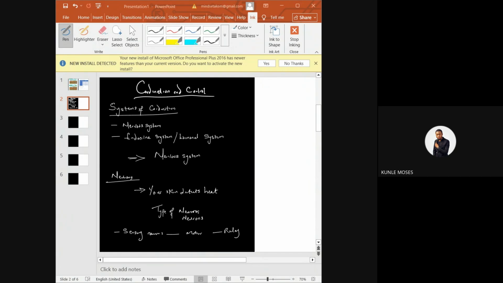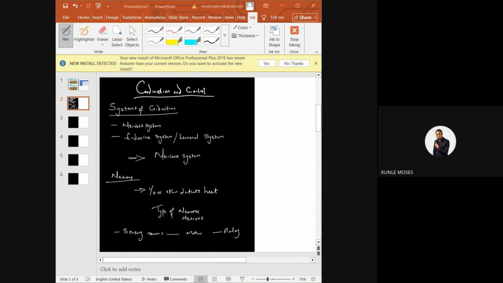So when we talk about sensory neurons, these are the neurons that help to carry messages from the body to the CNS. They carry impulses from where it occurred. If it occurred in your hand, if it occurred in your head, or anywhere it occurred, probably you use your leg to smash a very heavy object like a stone.